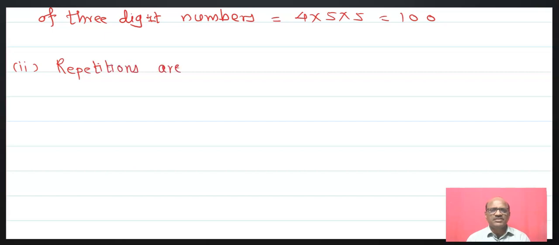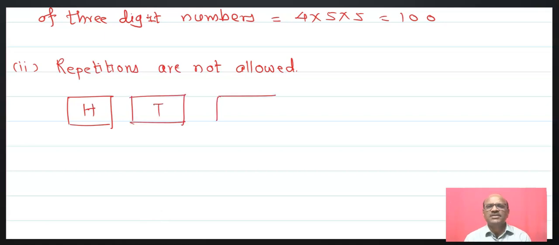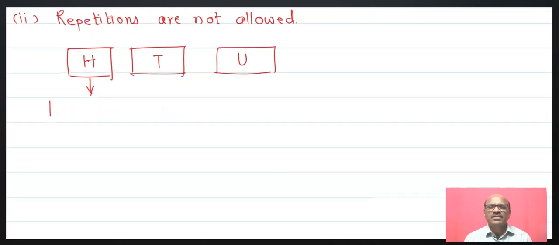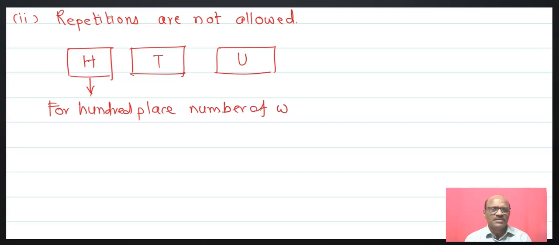Now in the second case, when the repetition of digits is not allowed. Therefore, this is the 100 place, 10th place and the unit place. For the 100 place we can select again from the 4 numbers, that is the number of ways is 4.